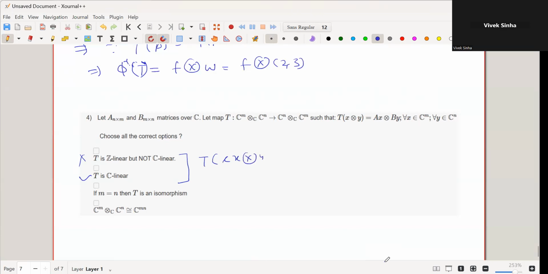We can simply see that T of cx tensor y, let some c belong to the complex numbers. So A is an m cross n matrix, B is an m cross n matrix, and you are mapping the element x tensor y. x is inside Cm, an m-tuple, and you can take it as an m cross 1 column.